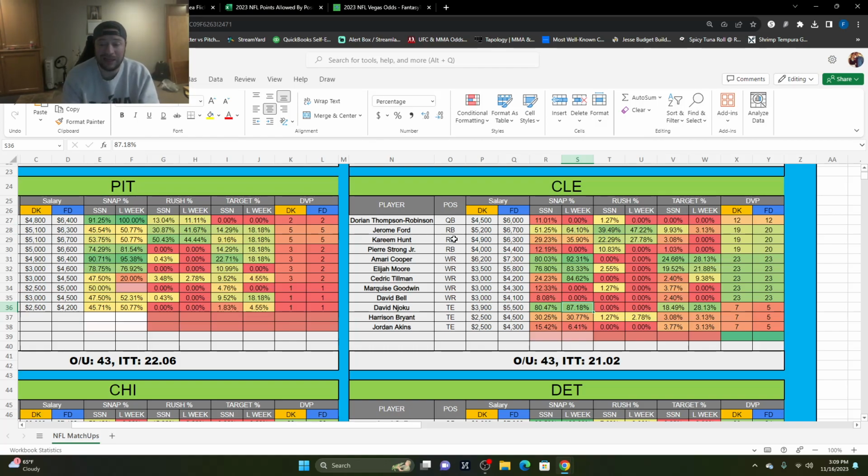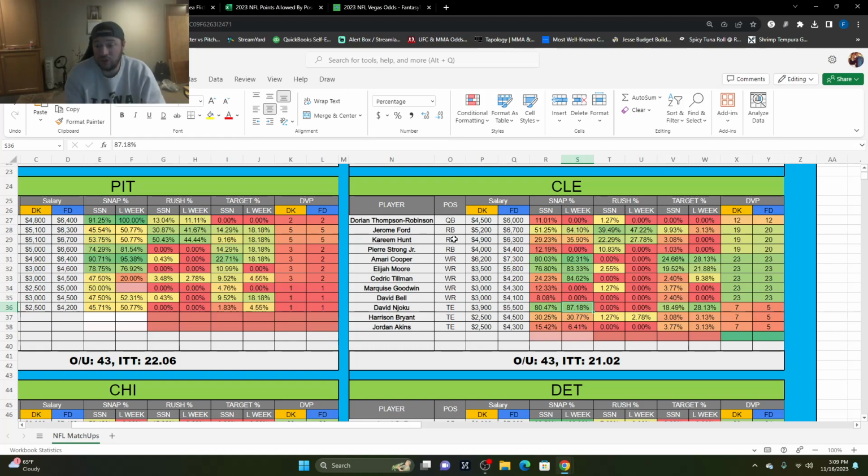Pittsburgh against the opposing wide receiver ranked 23rd out of 32, so they're in a good spot. It all comes down to how the quarterback play is going to be. I think you could probably get some Cleveland offensive players at a discount ownership-wise. I don't think they're going to be highly owned.